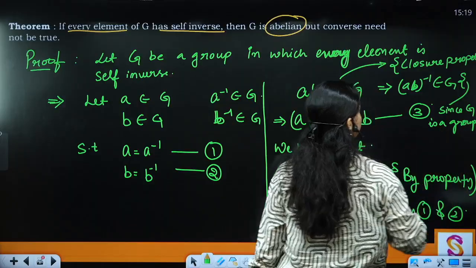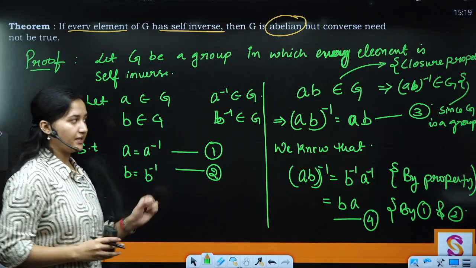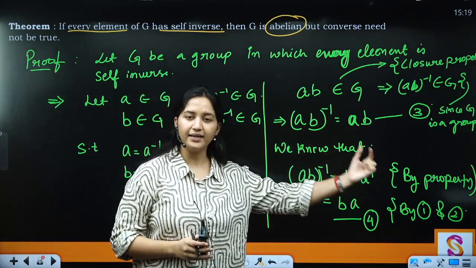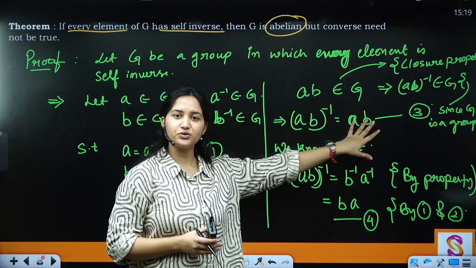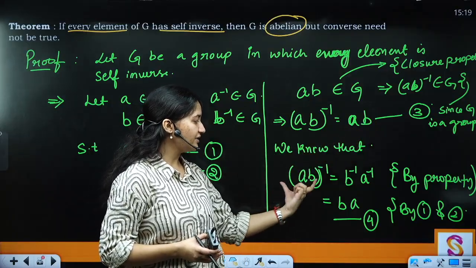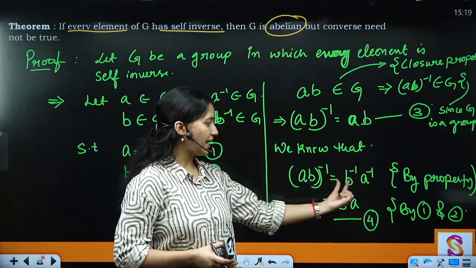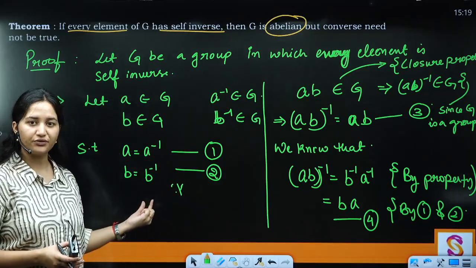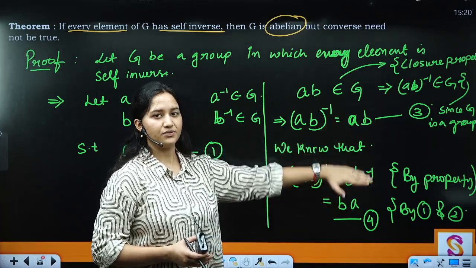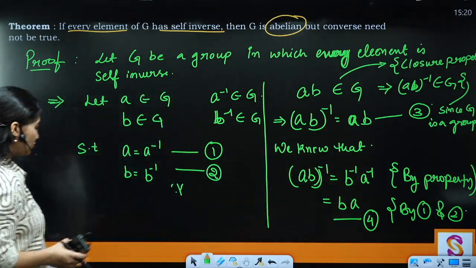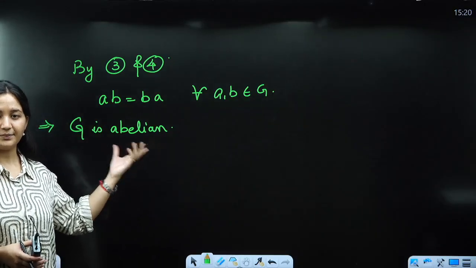That is why (AB) inverse is also going to belong to G. Now (AB) inverse is also going to be equal to AB. Why? Because we have taken a group in which every element is self inverse. And then finally we have, ये property से हमें पता है that (AB) inverse is B inverse A inverse. So यहाँ पे B inverse and A inverse का value we have substituted from these equations. So this is going to give you BA. From these two equations we are getting AB is clear. So this proves that for all elements AB equals BA. That is the very definition for abelian group.